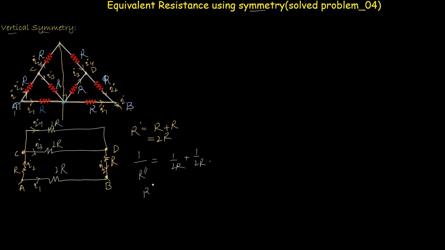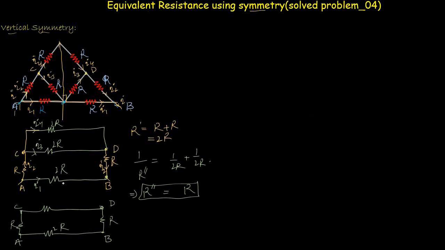So R double dash from this equation will be equal to R. Now let's replace these two resistors by their equivalent resistance, so we can redraw this network to obtain its simplified version. So the equivalent of these two resistors is R.